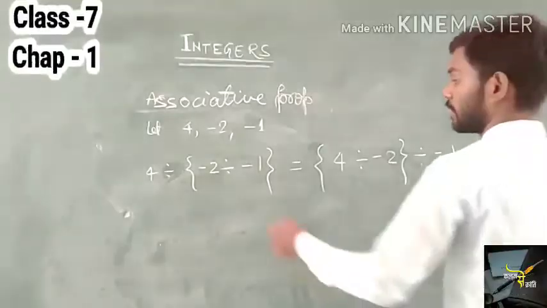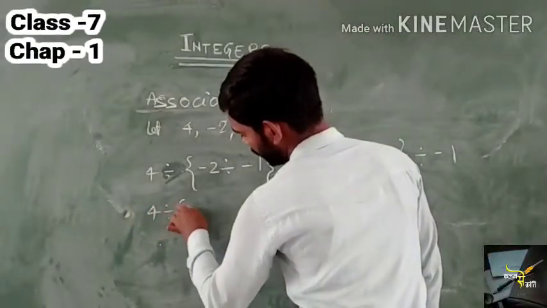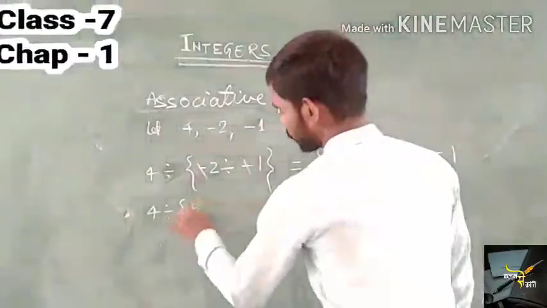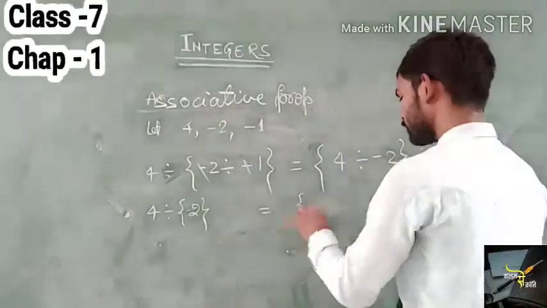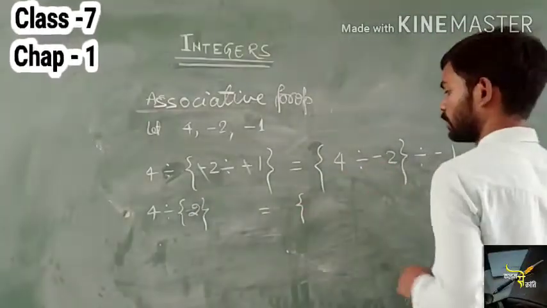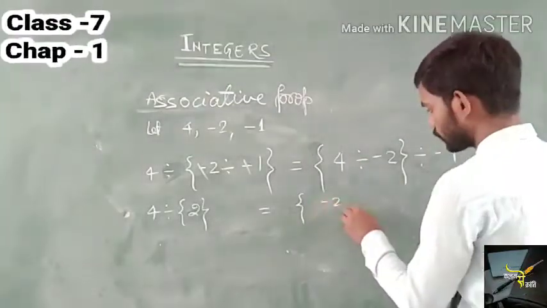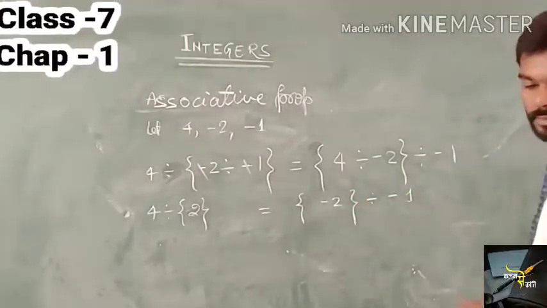And now let's see, when we solve we get 4 divided by minus and minus cancelled out, and here we get only 2, and here we get, when we solve, minus 2 divided by minus 1.